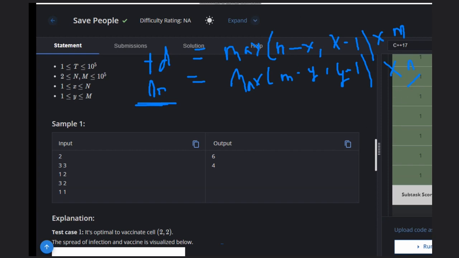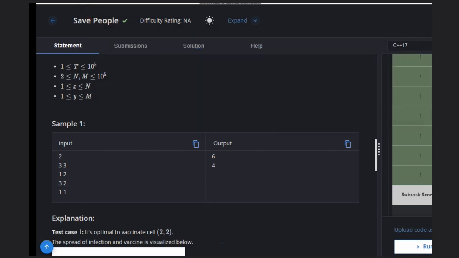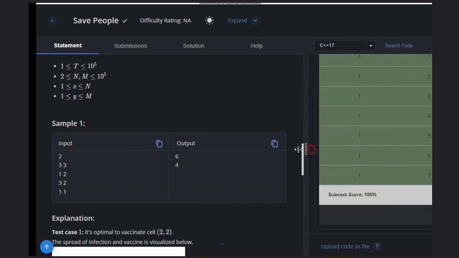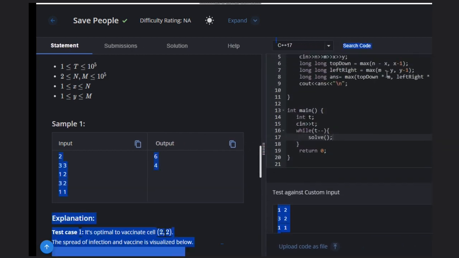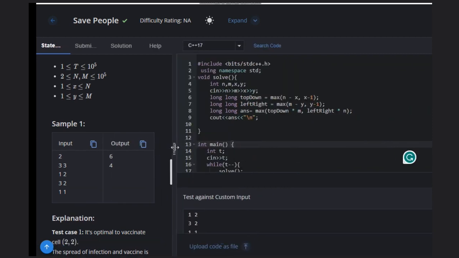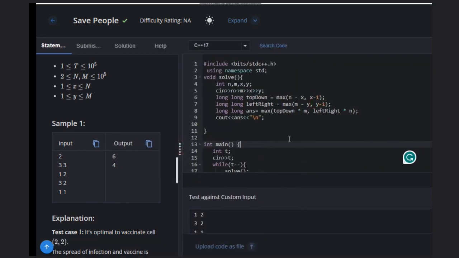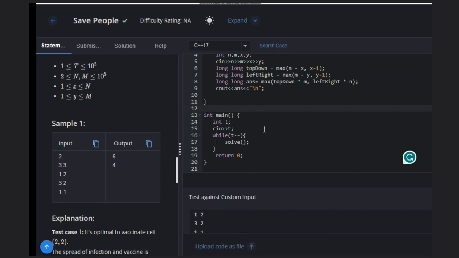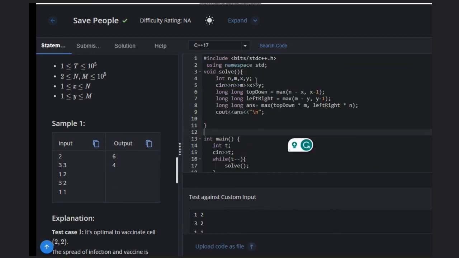So let's see the code. You can see the code of this. What you need to do is just take the input like this, and then calculate top down.